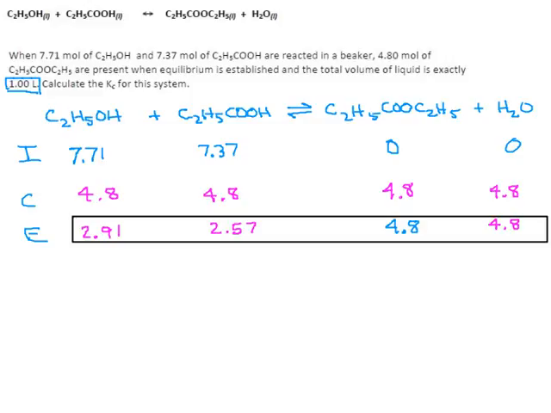And now that we have the equilibrium amounts, we can work out a K. The K is our products over our reactants. I'm not going to write the equilibrium law because I don't want to write all these annoying big formulae. I'm just going to jump straight into putting the concentrations in. So for our products, we have 4.8 times another 4.8. And downstairs, our reactants, we have 2.91 and 2.57.